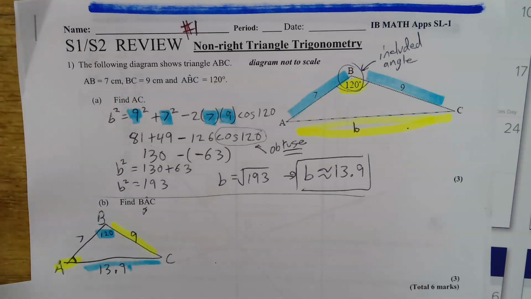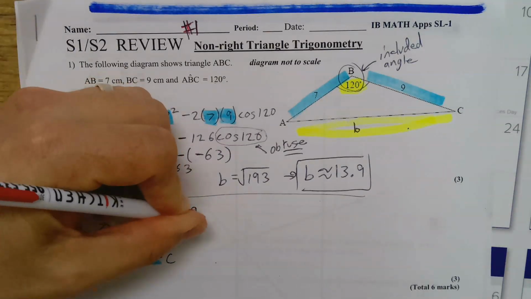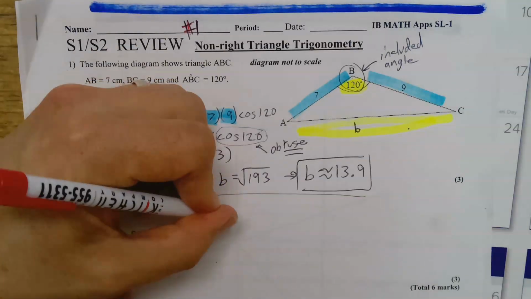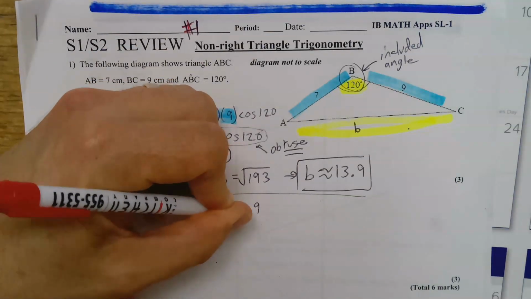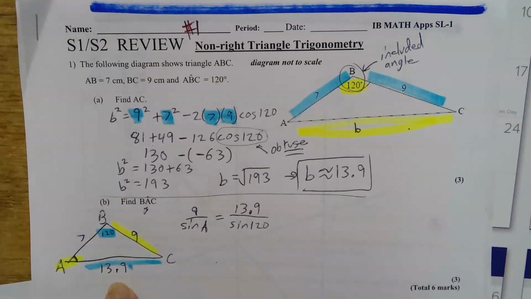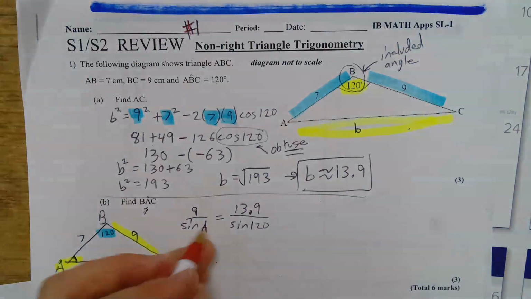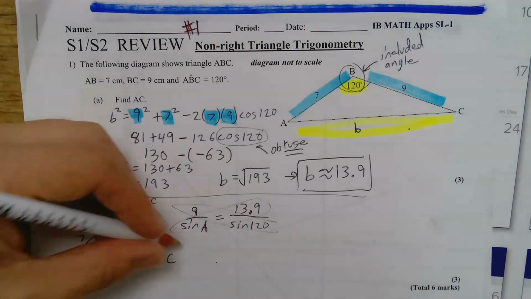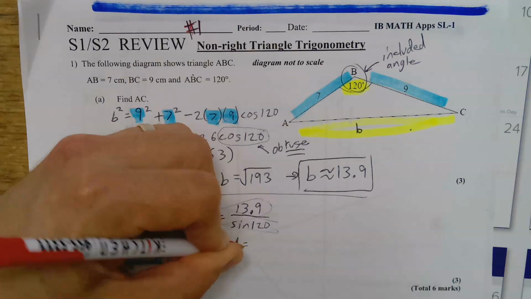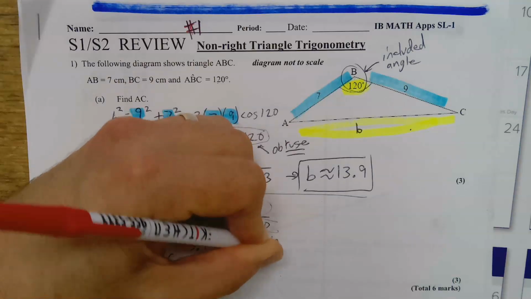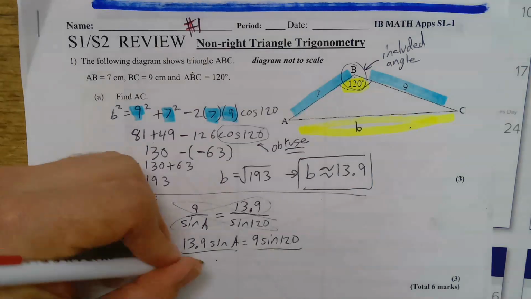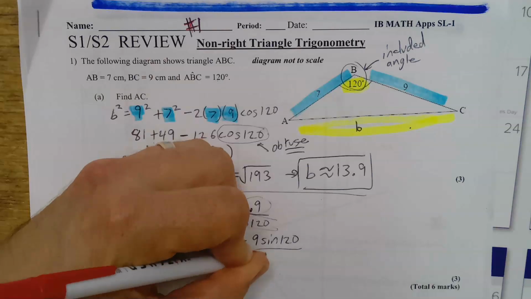So I can write 9 over sine A equals 13.9 over sine 120. Then I can cross multiply and I get 13.9 sine A equals 9 times sine 120. And then I can divide both sides by 13.9.